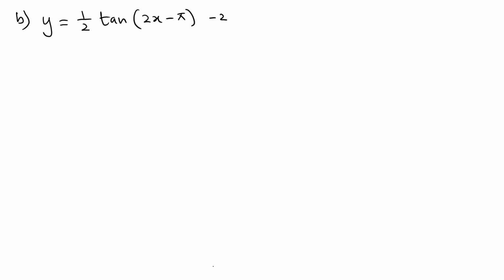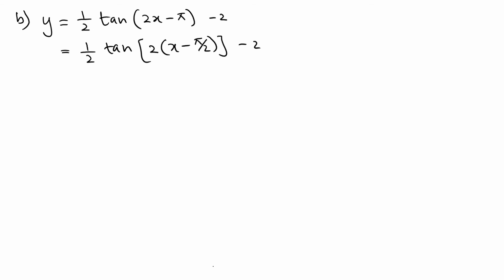Next we have y equals 1/2 tangent (2x minus pi) minus 2. Again we can write this in a standard form: 1/2 tan, pull 2 out as a factor, which means we divide everything inside by 2, and then minus 2.